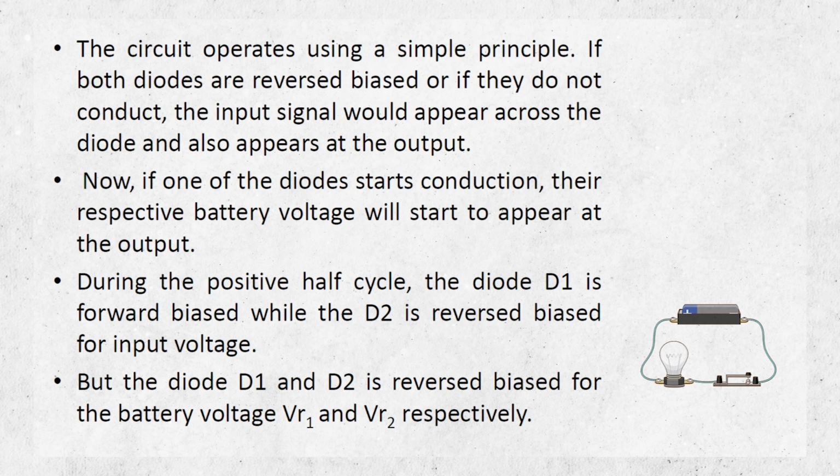During the positive half cycle, the diode D1 is forward biased while D2 is reverse biased for the input signal. But the diodes D1 and D2 are reverse biased for the battery voltages VR1 and VR2 respectively.